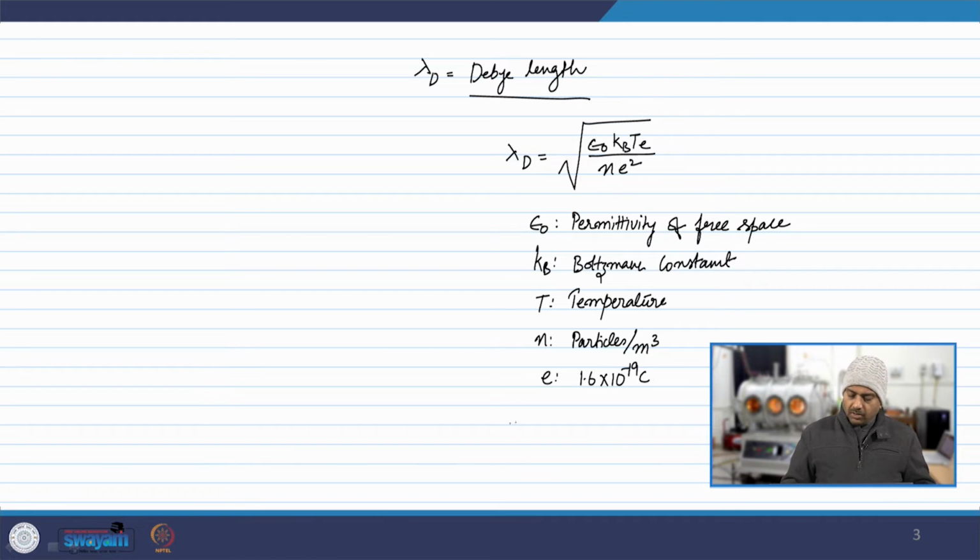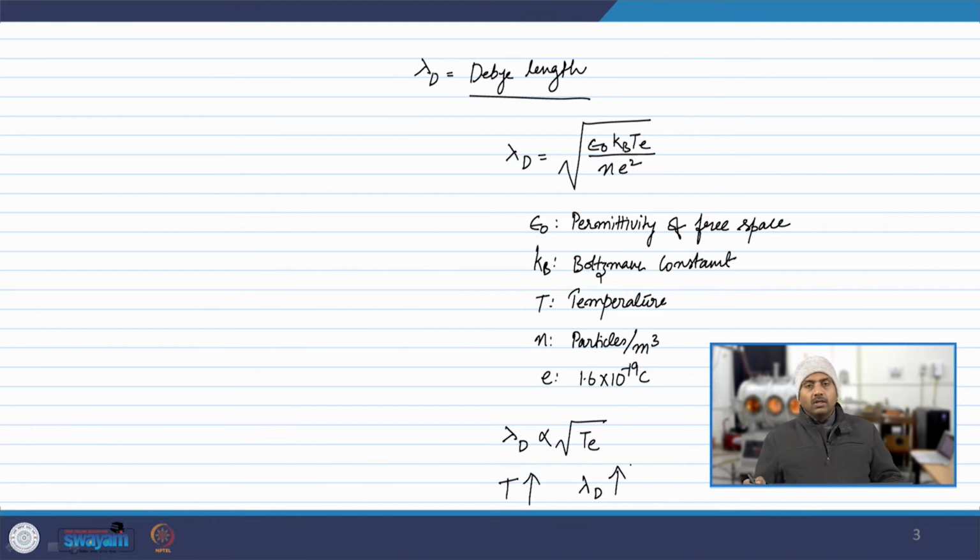So, from this expression we can realize that lambda d is proportional to square root of T. What does it mean? It means that as the temperature is increased, lambda d will increase. If the plasma is maintained at larger temperatures, then the Debye's length would be larger. That means the visibility of the positive charge can be felt to larger distances.